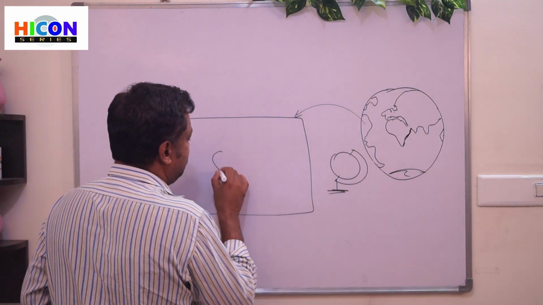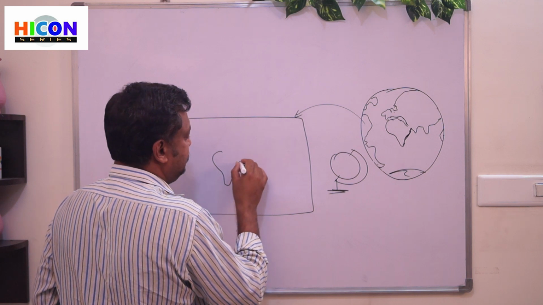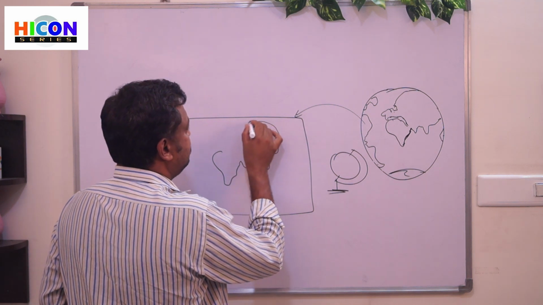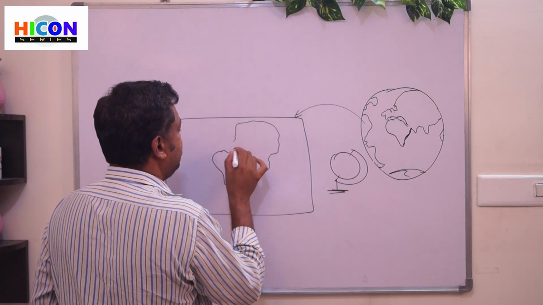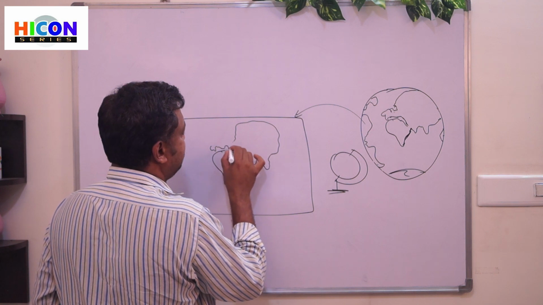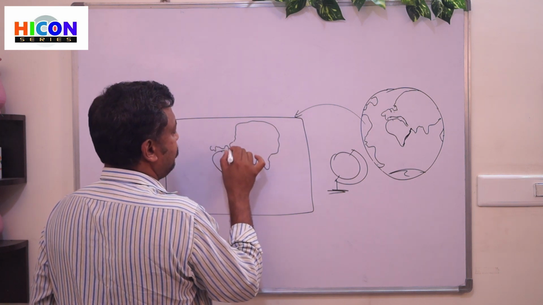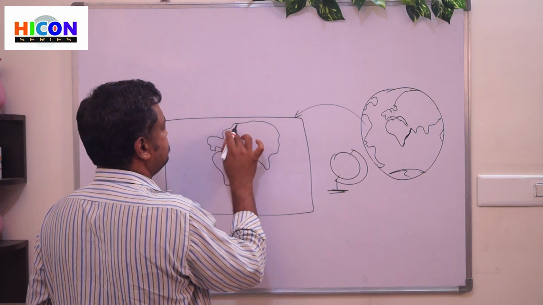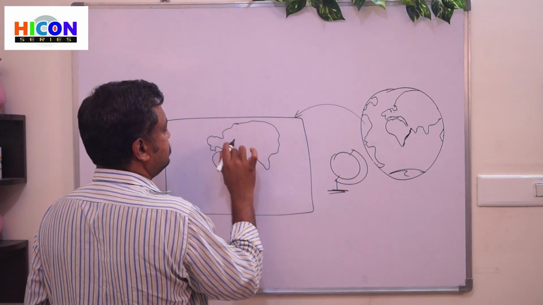So we have Africa as a continent, then you have India, the other part of it, and the entire region. Here we have the Red Sea, then the Mediterranean Sea, okay, the European part. Right?